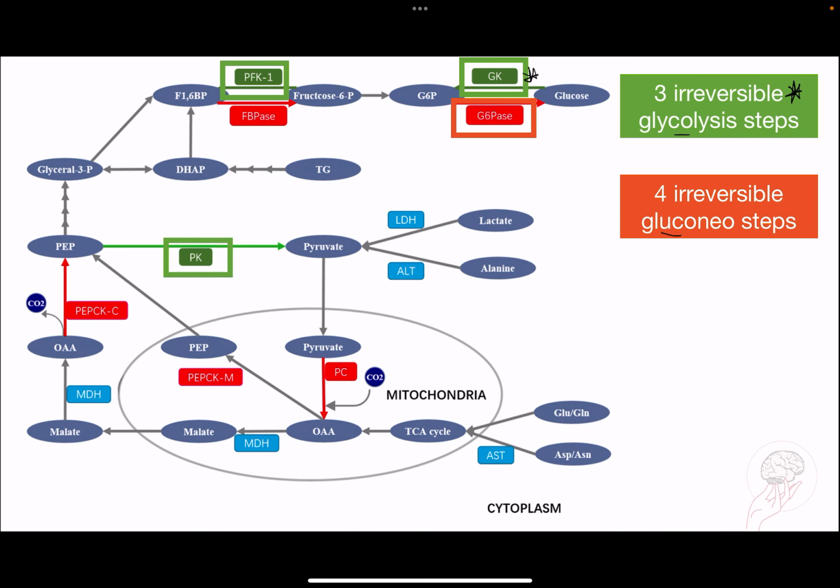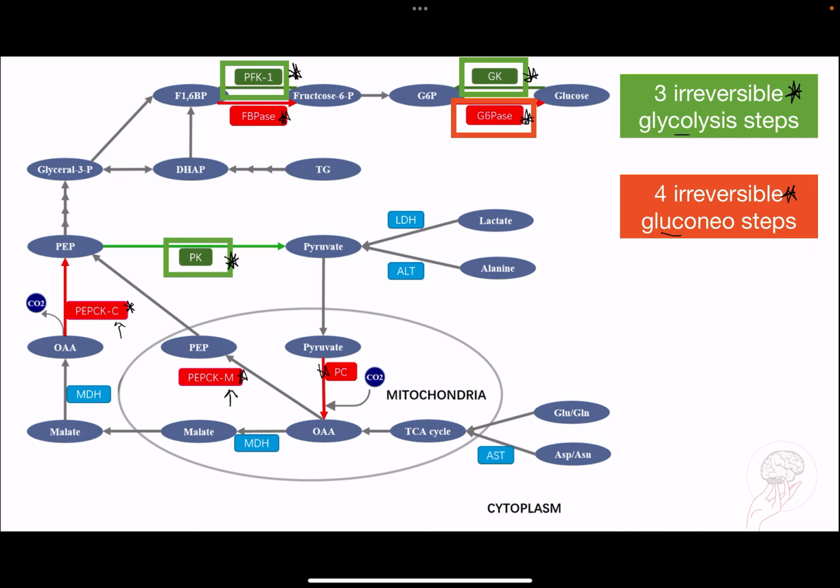glucokinase, phosphofructokinase, and pyruvate kinase. Gluconeogenesis has 4 irreversible steps: glucose 6-phosphatase, fructose bisphosphatase, and then what I'm just going to call PepCKC, which means cytosol, and PepCKM, which means mitochondria.